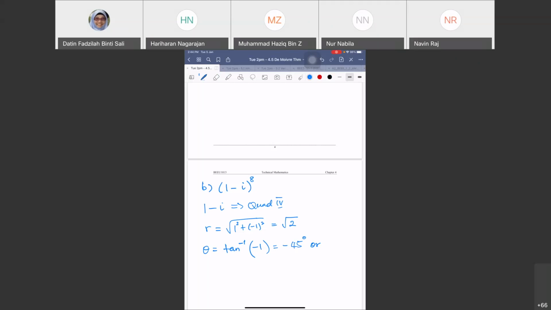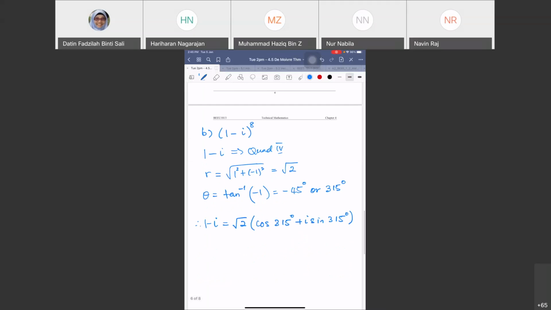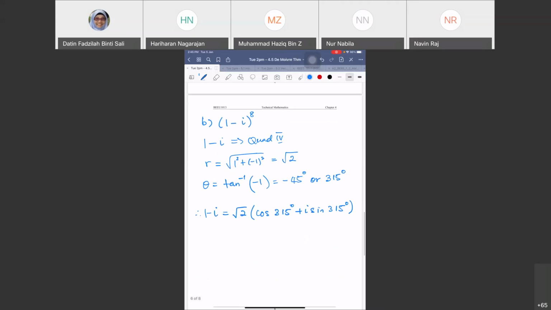So in this case, it has to be 315 degrees. Therefore, 1 minus i in polar form can be written as square root of 2 times cosine 315 degrees plus i sine 315 degrees. So this is our polar form of the complex number 1 minus i.